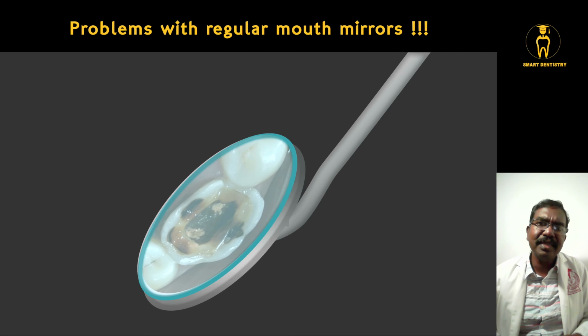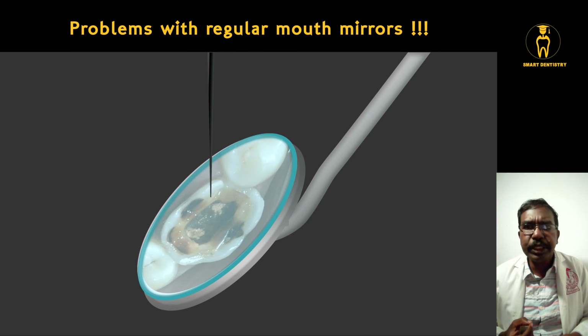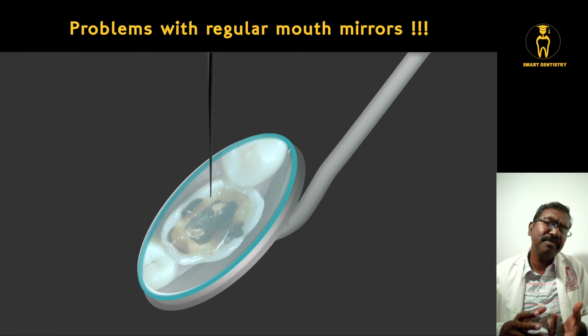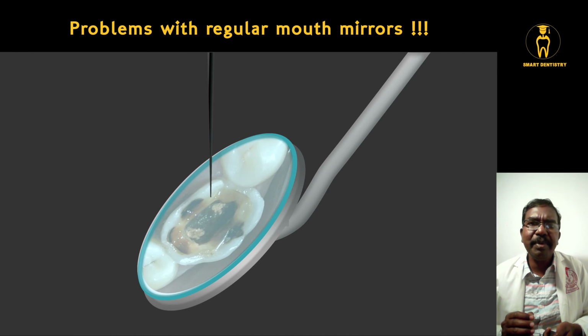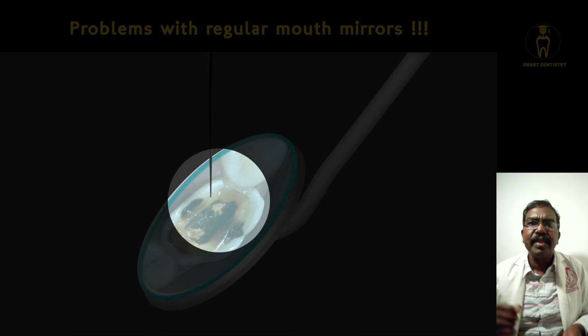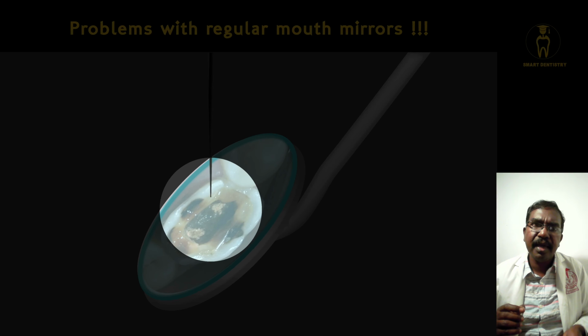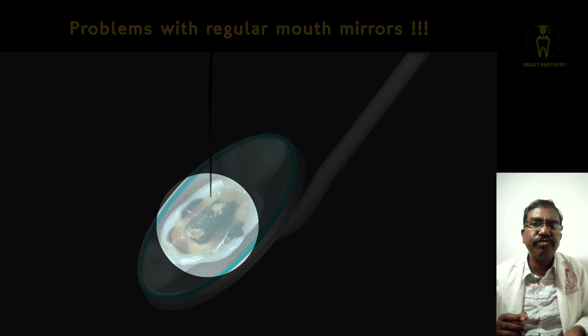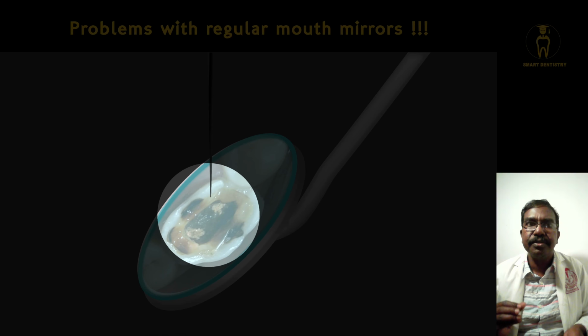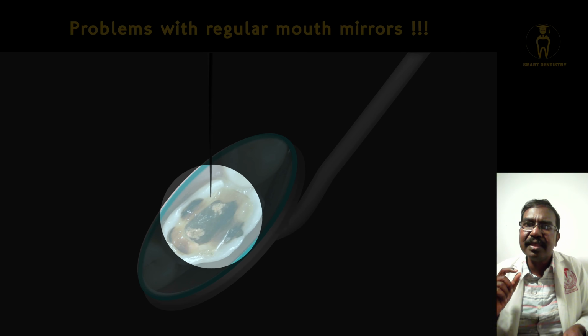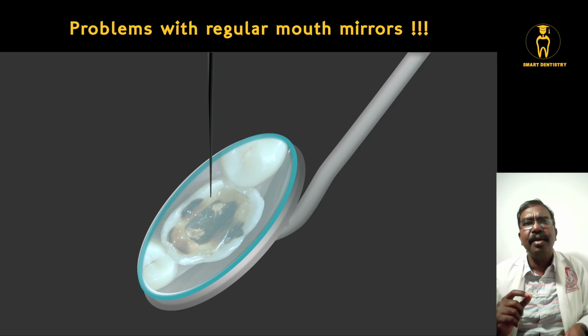So what's the disadvantage? Whenever you are trying to see an object very closely, there will be a distance between the object that you are seeing and the real image formed in the mirror. That is equivalent to the thickness of the glass.